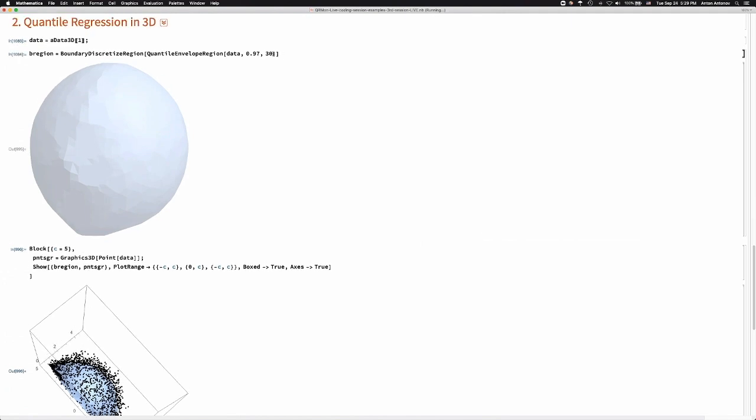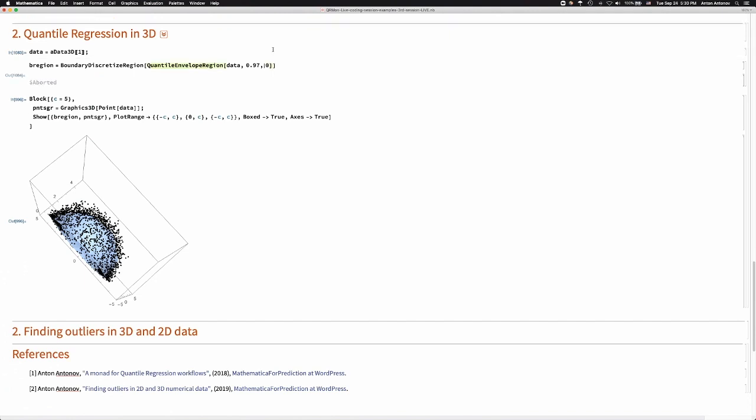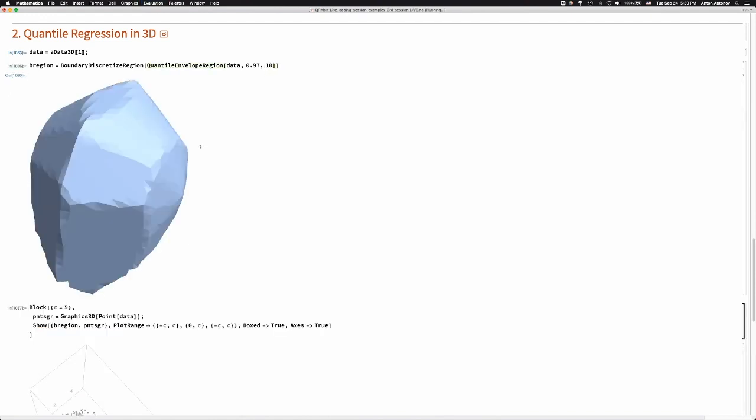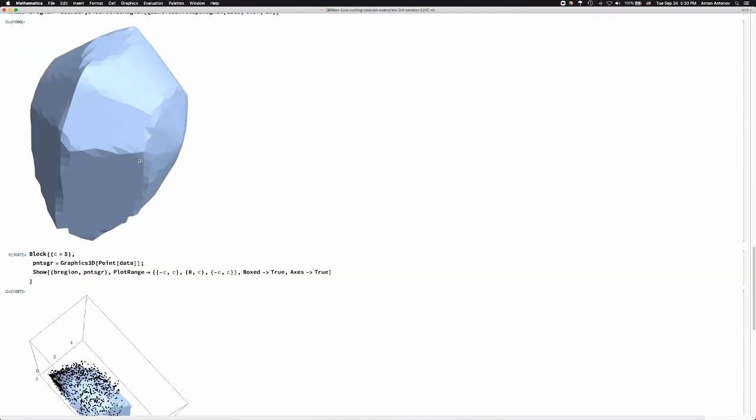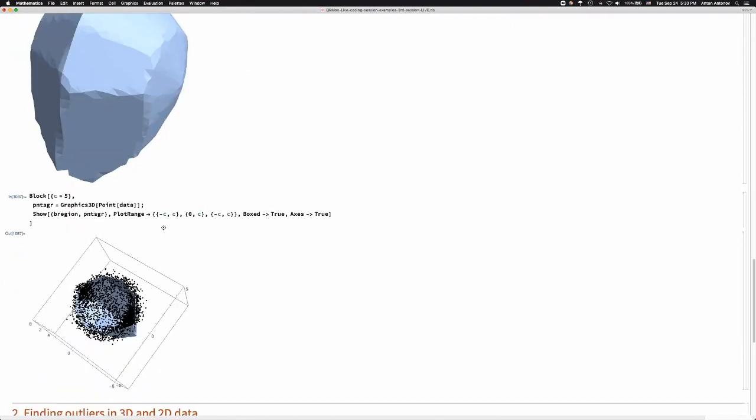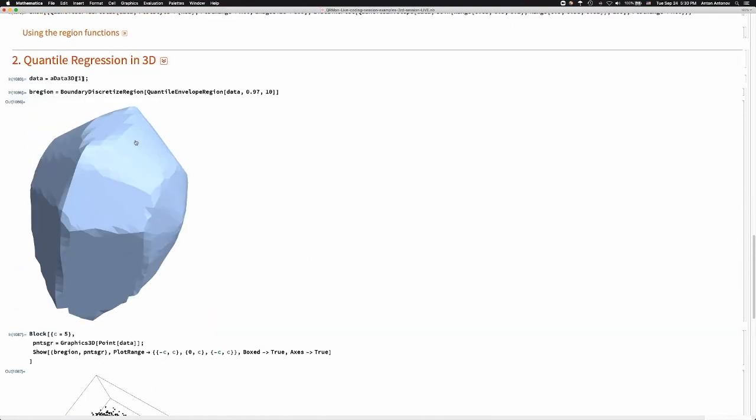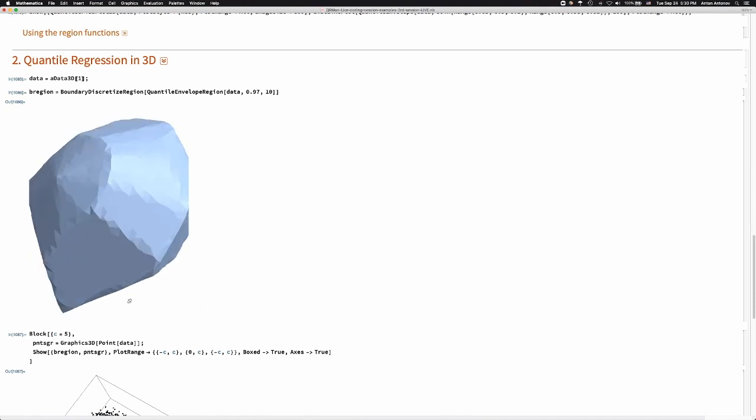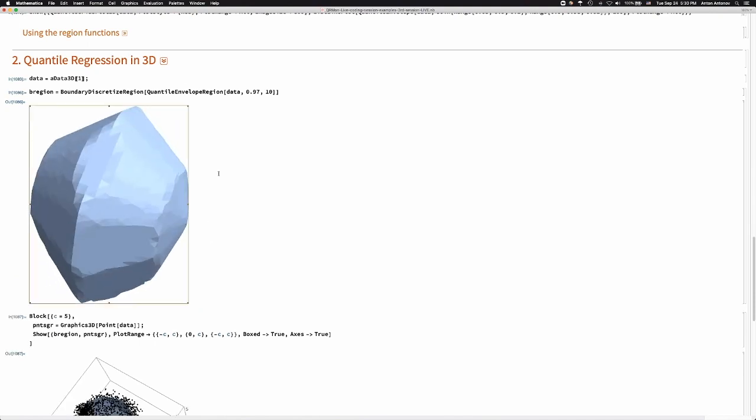And here I probably used too aggressively large a number of directions. Let me stop that and make only 10. It is very chopped, but it demonstrates exactly how this algorithm is working.